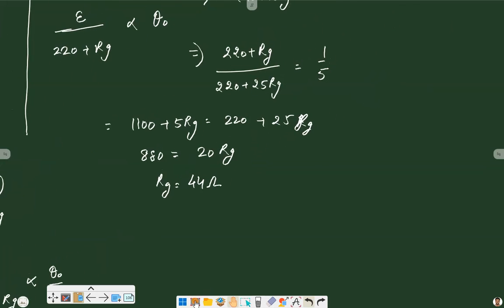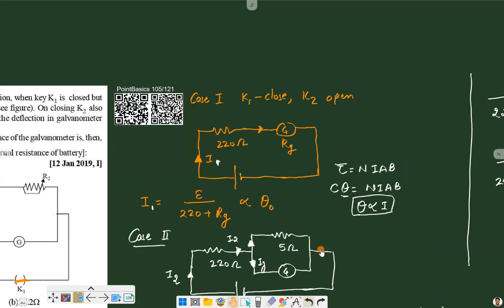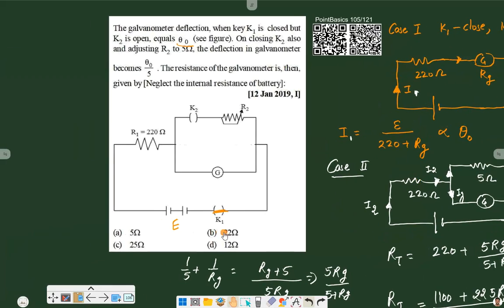So we need to correct it. Here we will have 45, here we will have 40, and from that it will be 22 ohm. And now our answer matches. We have 22 as an option, so 22 ohm will be the right answer here.